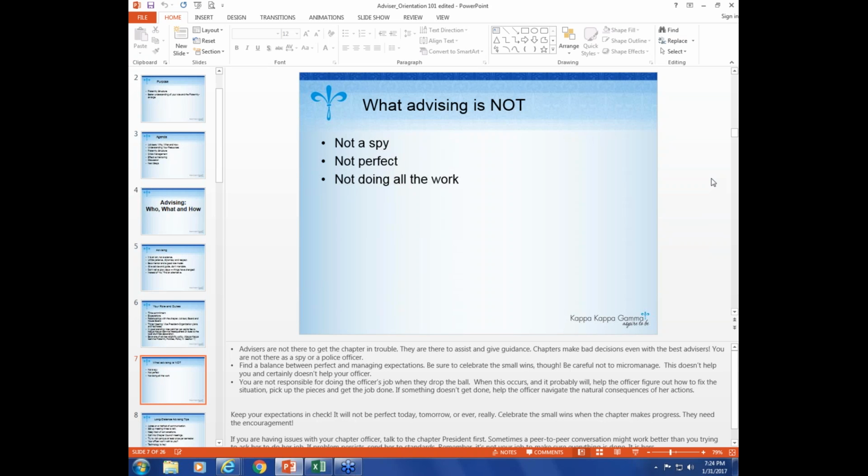You have to have a good balance between managing her expectations and your expectations. And the way you see something playing out may not exactly be the same way that your advisee sees it playing out. So try really hard not to micromanage.